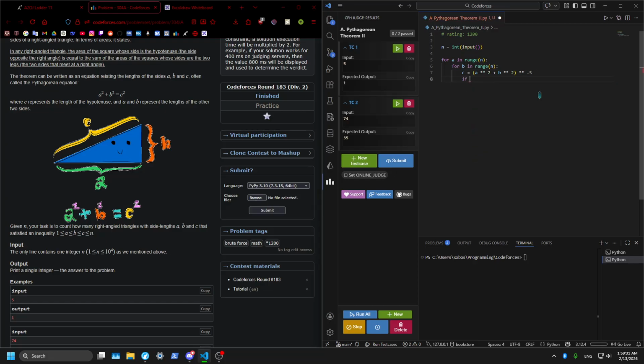If C is less than or equal to n, counter plus equals 1.